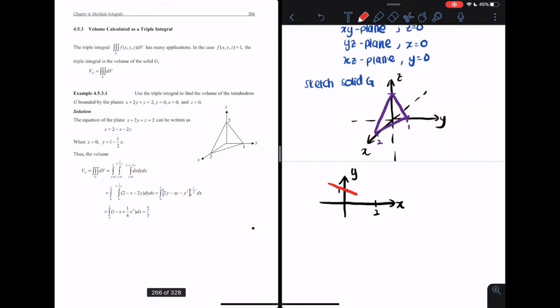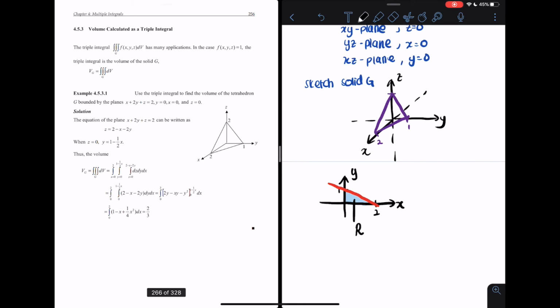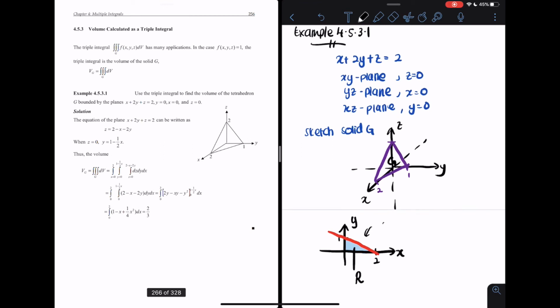Then this is your region R. The solid G is used to determine the limit with respect to variable Z. Meanwhile, the region R can help you to determine limits with respect to variables X and Y. The best equation to represent this red line is, by assuming Z equal to 0, X plus 2Y equal to 2.